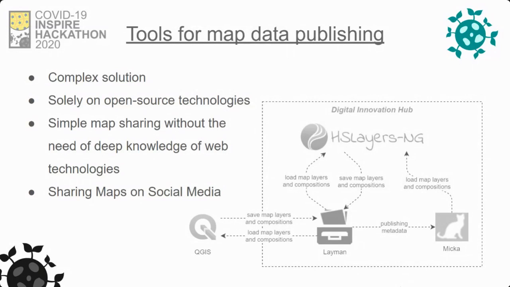So we developed a solution: by installing a simple plugin into QGIS, in one click and by entering some parameters very easily, you are able to publish and share your data and maps in the web environment, and from there share them with others on social media.